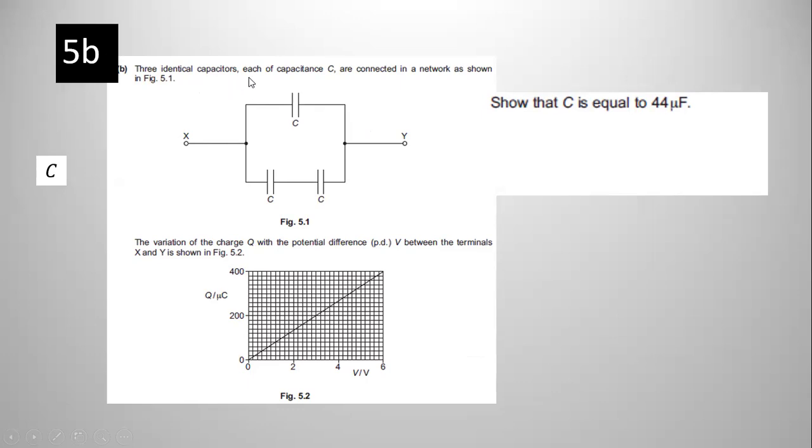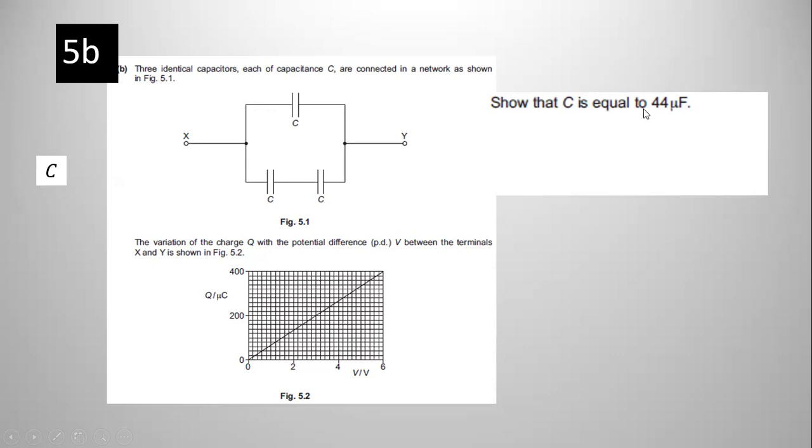Three capacitors, each of capacitance C, are connected in a network as shown in figure 5.1. The variation of charge Q with potential difference V between the terminals X and Y is shown in figure 5.2. Right?